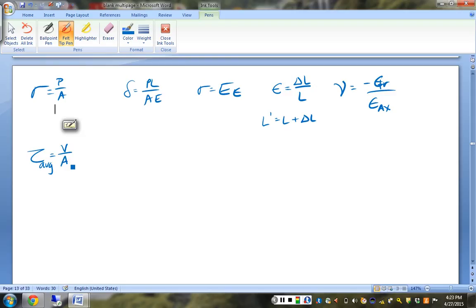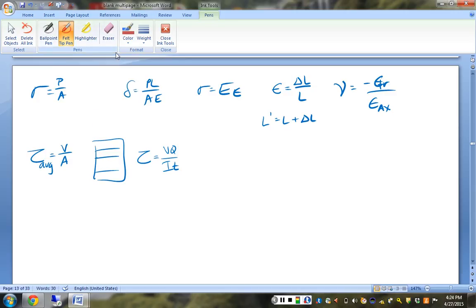That's just V over A. If I've got one of these pesky composite cross-sections, like stacked up boards, and I want the shear at a particular location, what do I go for then? It is that VQ over IT. And what's my Q? That's a pesky guy.